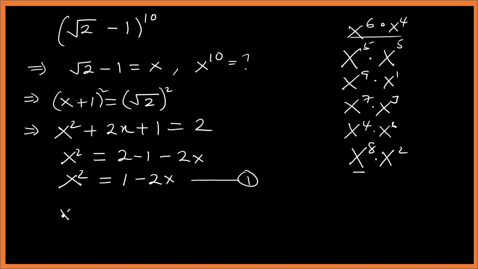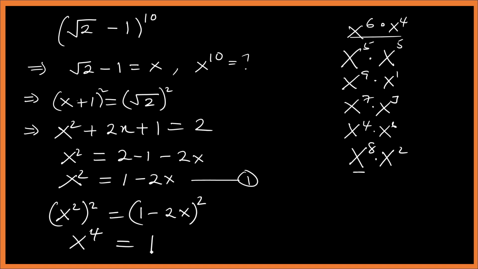So x squared squared is (1 minus 2x) all squared. So we have x to the power 4, and this side will be 1 minus 4x plus 4x squared.